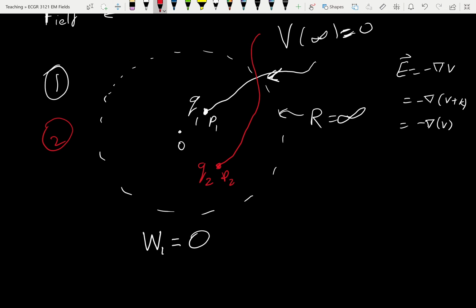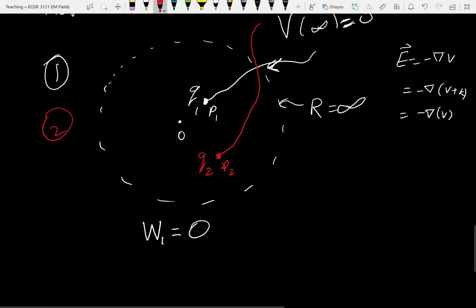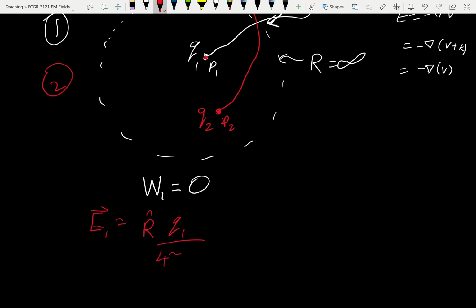What is the field emanating from Q1? E1 is, let me forget the origin here, I'm going to use r hat, the vector that comes from Q1. I'm assuming now that Q1 is the origin. The form of the electrostatic field is going to be Q1 over 4 pi epsilon, R squared, in volts per meter.